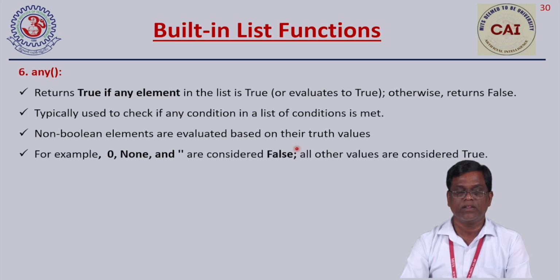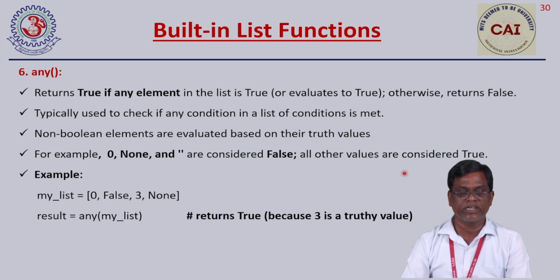For example, values like 0, None, or a blank are all considered false, and all other values, numerical or whatever we have there, will be considered true here. And here is an example to understand it. Let us consider a list with the values 4, 0, False, 3, None, and I am applying the any function on this one.